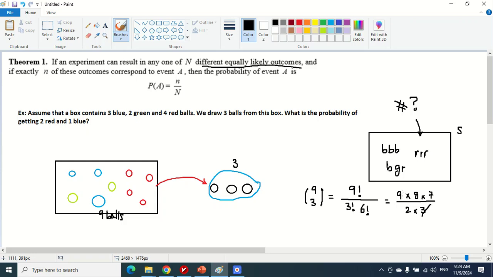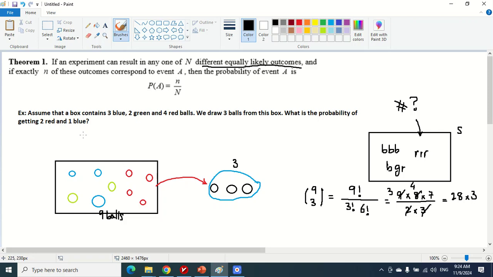After cancelling the elements, we have 3, and this one becomes 4. The number should always be a whole number; we will never have a fraction there. So it's going to be 28 times 3. This is the number of the elements inside of the sample space.